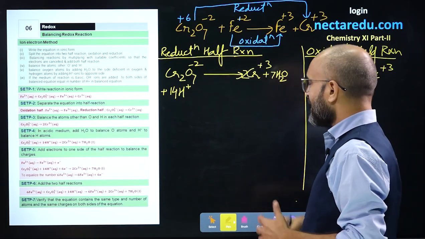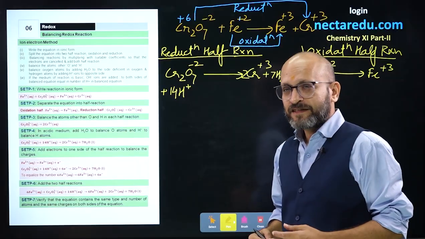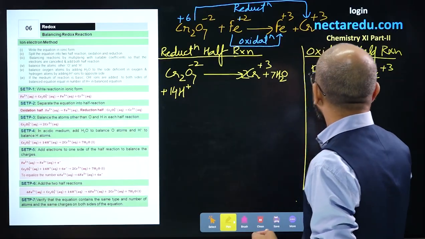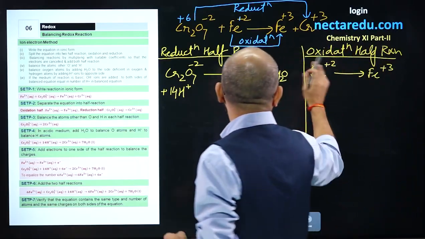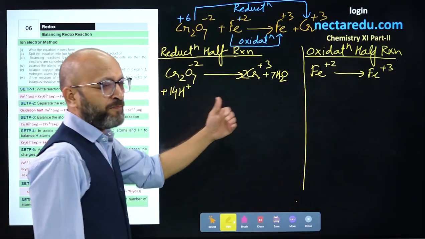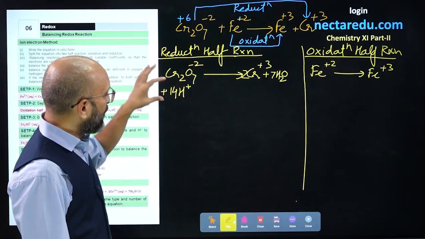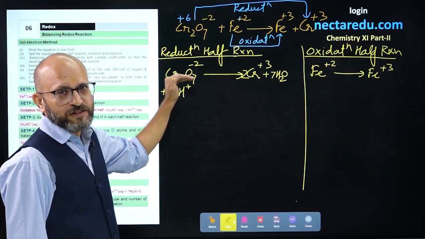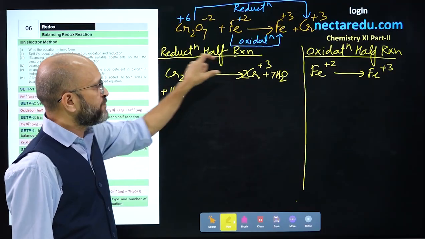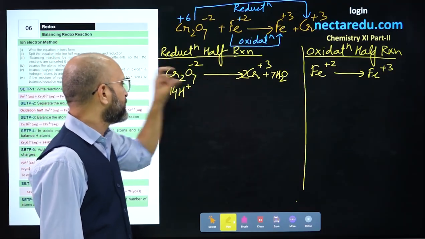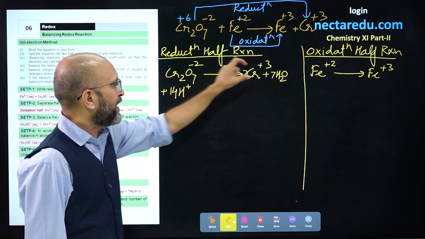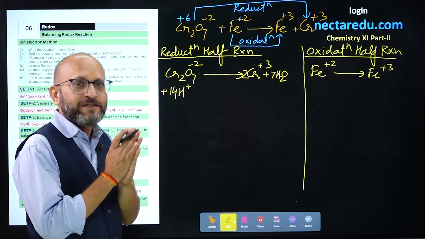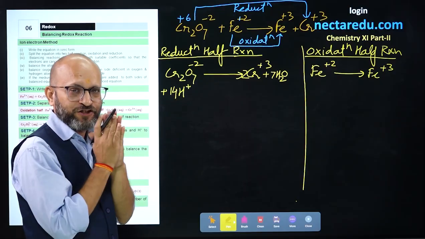Now next is what? Here also you can check out we do not have any other atom, so there is no balancing of atom required. Now we have balanced chromium atoms, oxygen atoms, hydrogen atoms. Chromium 2 and 2 atoms, oxygen 7 and 7 atoms, and hydrogen 14 and 14. So all atoms are balanced in both the half reactions.